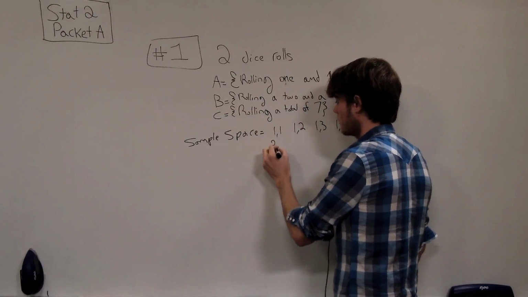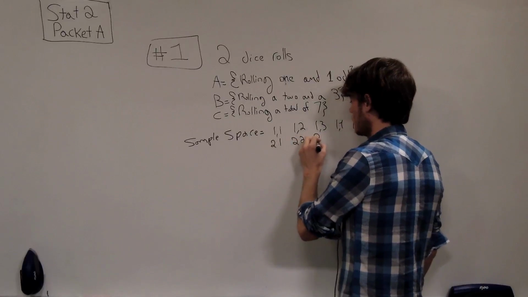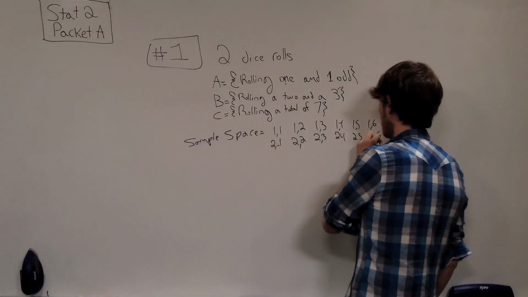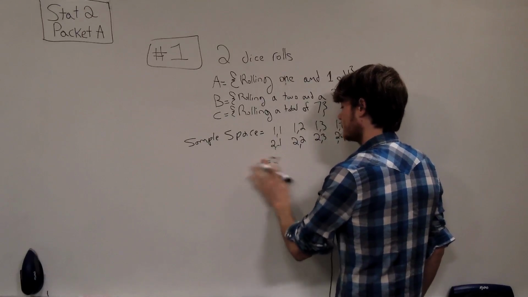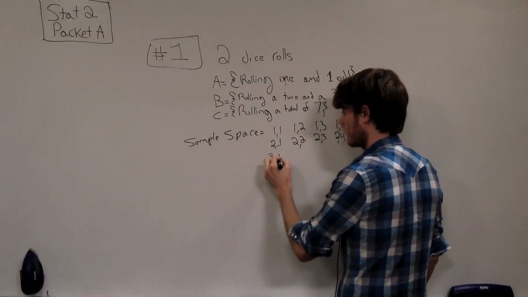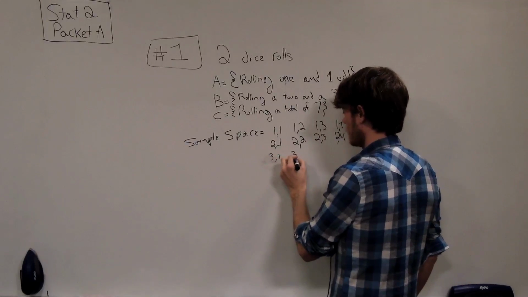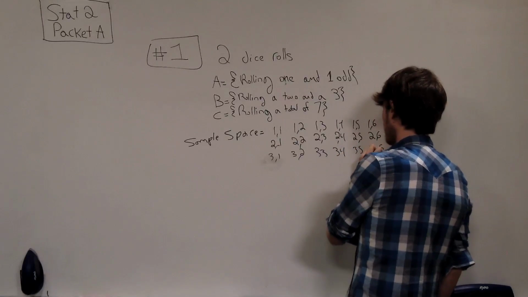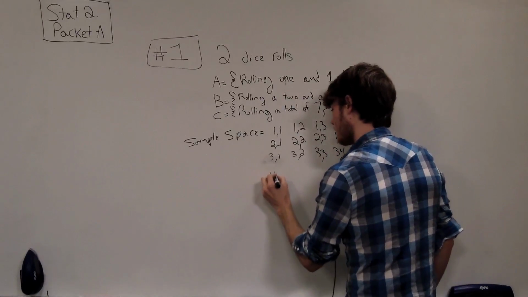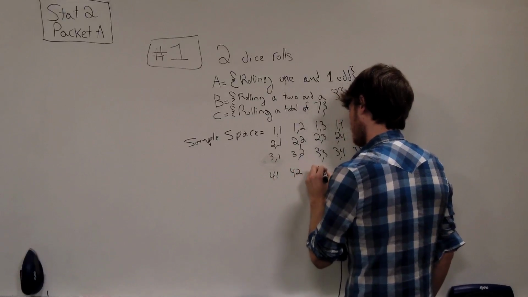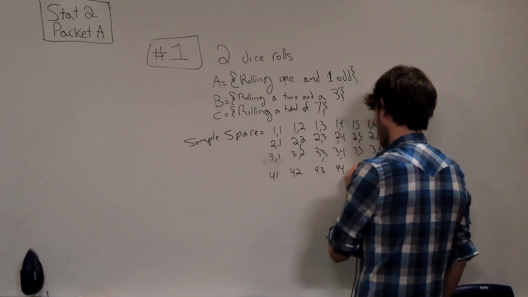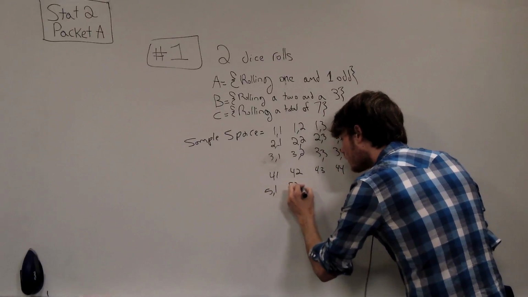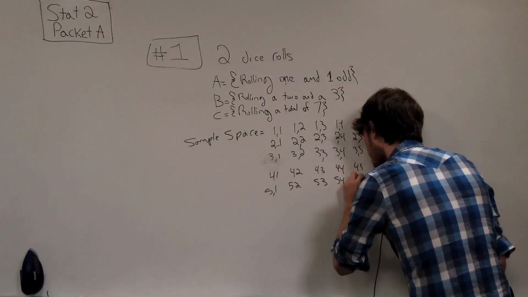Then 2 and 1, 2 and 2, 2 and 3, 2 and 4, 2 and 5, 2 and 6. Then 3 and 1, 3 and 2, 3 and 3, 3 and 4, 3 and 5, 3 and 6. Then 4, 1 through 4, 6, and 5, 1 through 5, 5.